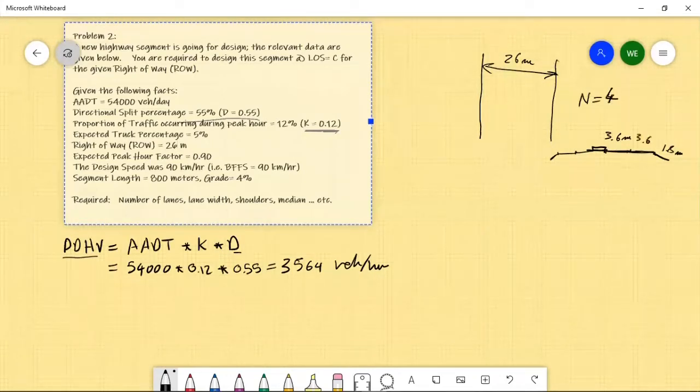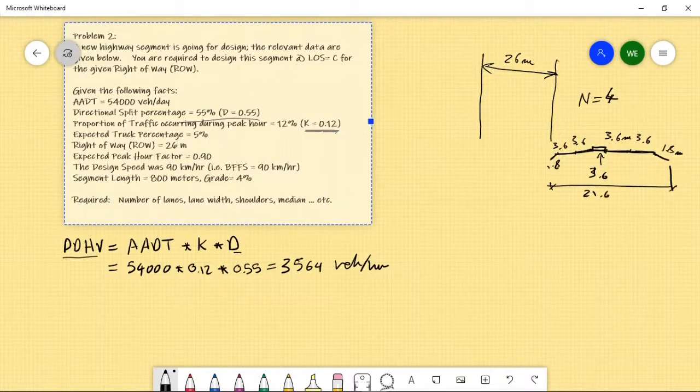So we have two lanes of 3.6 meters, a median of 3.6 meters, two more lanes of 3.6 meters, and a shoulder of 1.8 meters. This equals 3.6 multiplied by 6, so the total width here would be 21.6 meters.